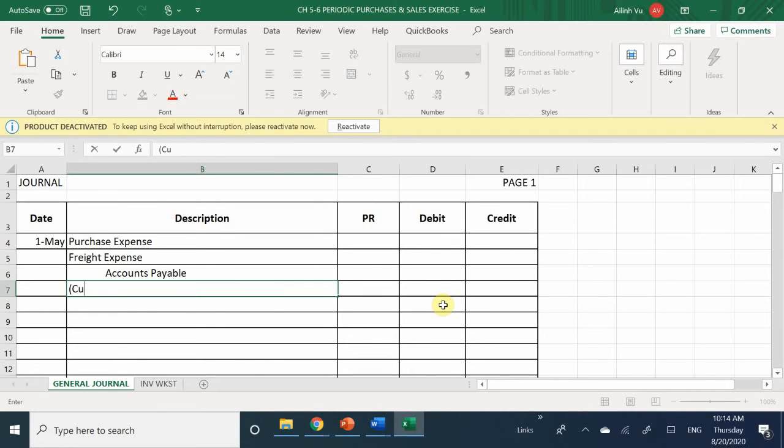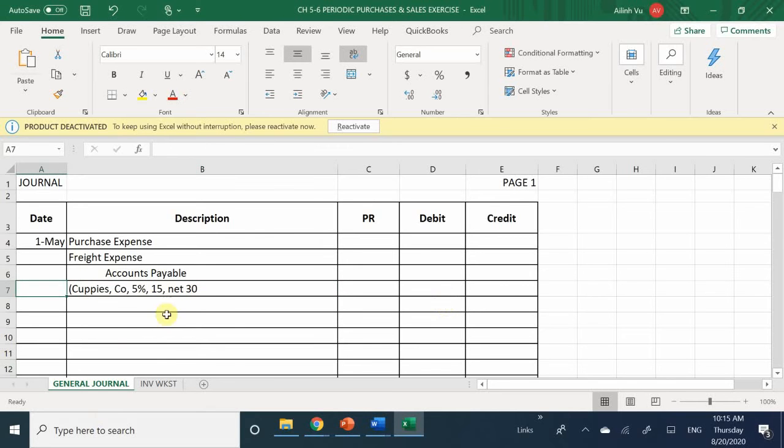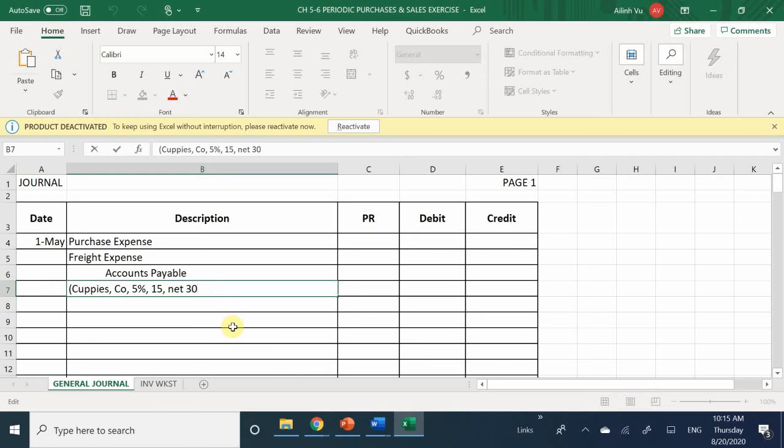I bought this from Cuppies Co. Okay, and because I have it on account, they gave me terms of 5%, 15, net 30, okay? And I'm also going to indicate here how many items I actually purchased, comma 500 brown mugs.